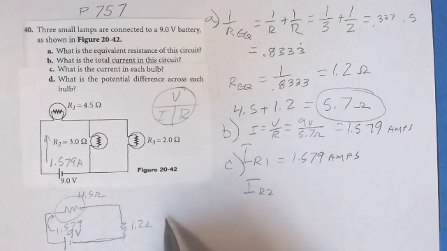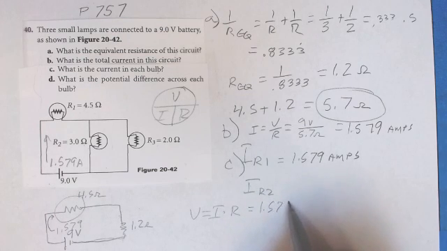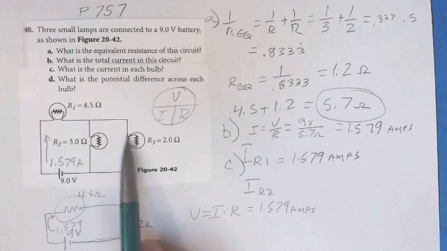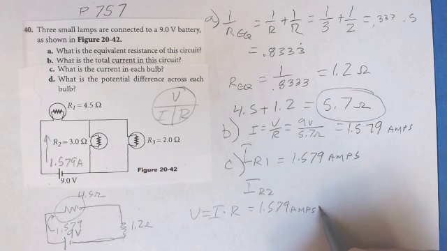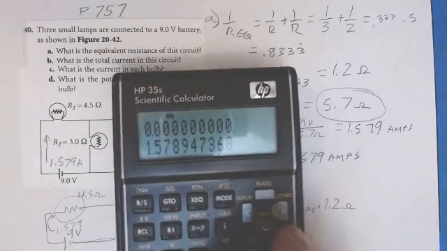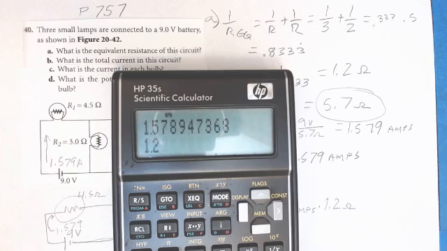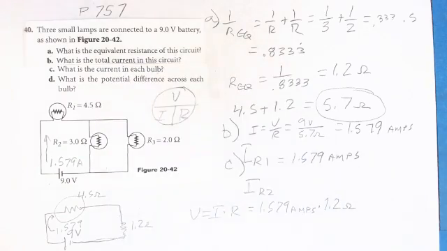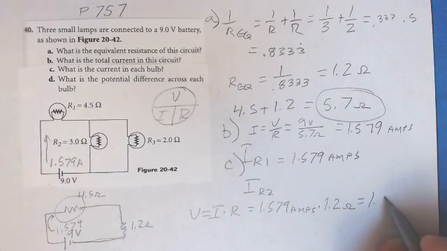So V equals IR. In this case, we know I, 1.579 amps. And the resistance of these two paralleled is 1.2 ohms. So 1.2 multiplied is equal to 1.89 volts.